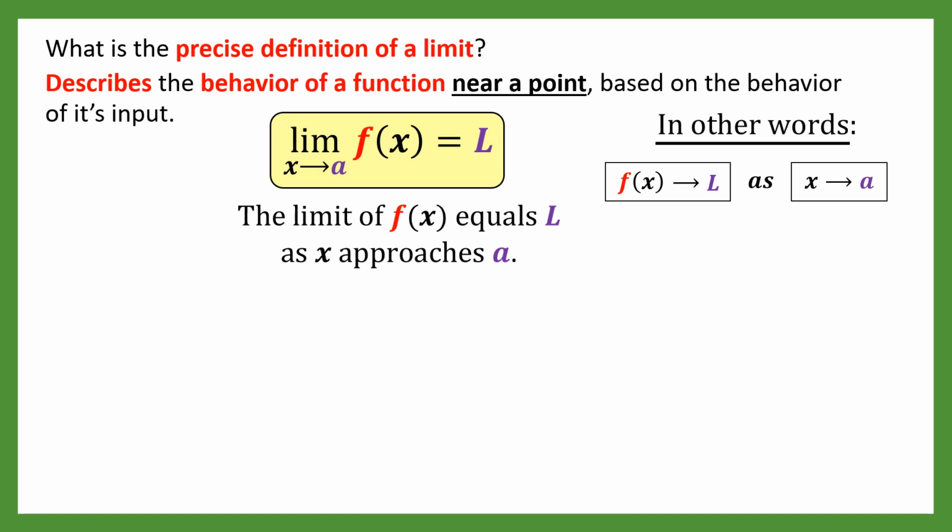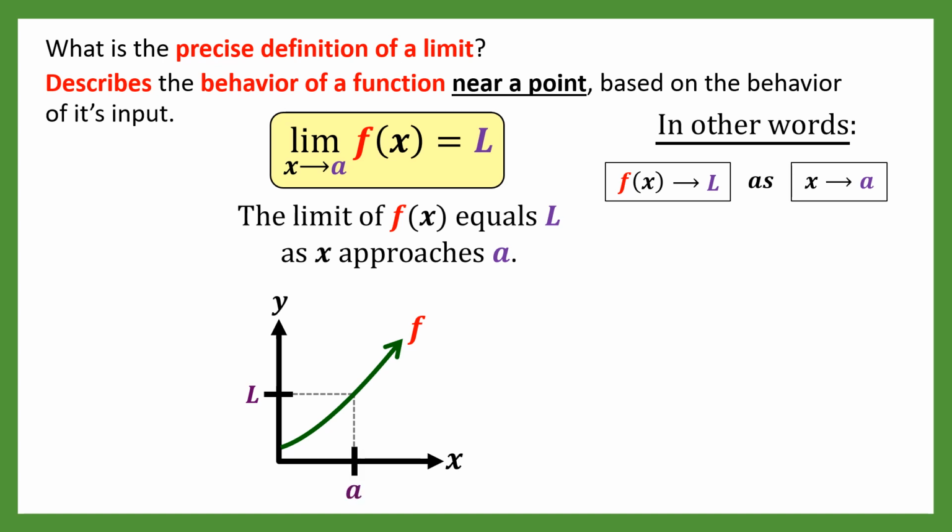To visualize these behaviors, suppose we have the graph of the function f, with the value L on the y-axis of this graph, and the value a on the x-axis. Let's also consider a region containing L on the y-axis.